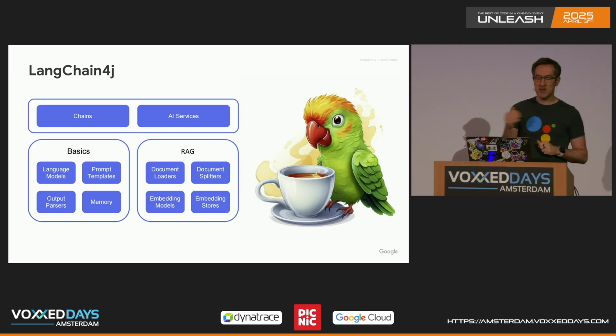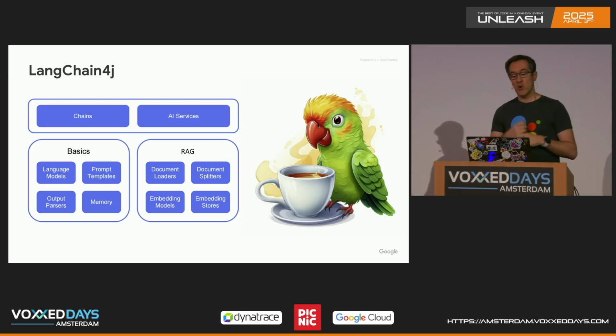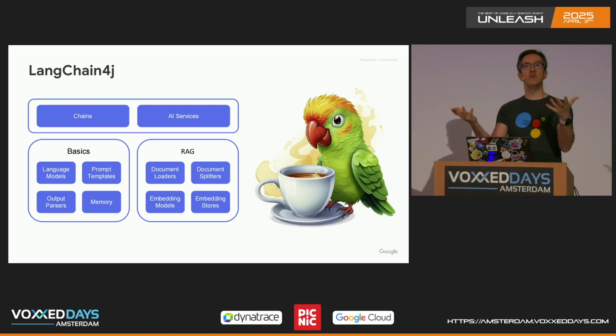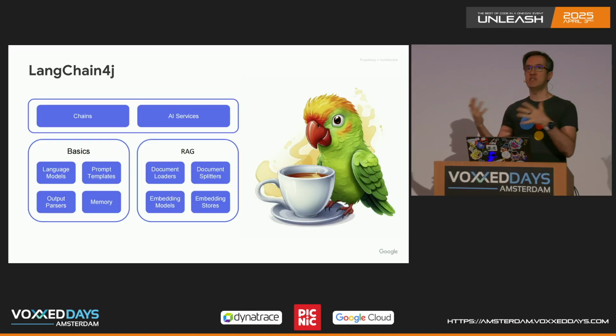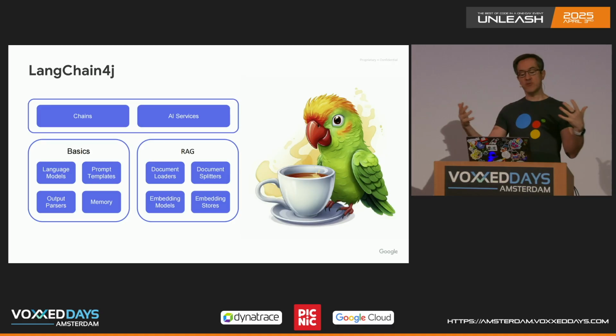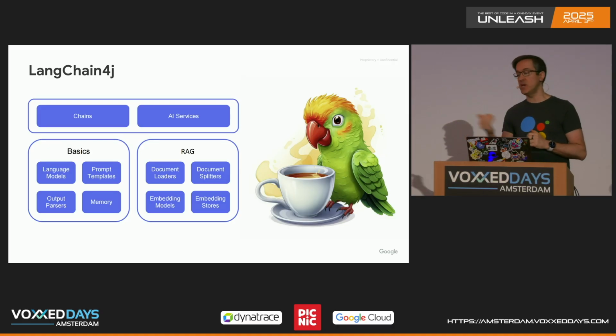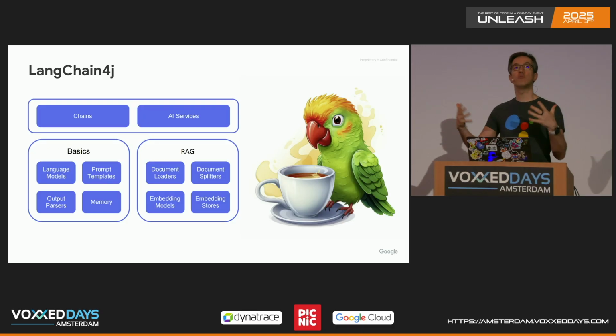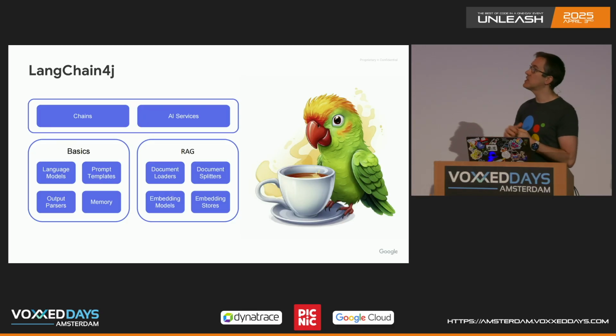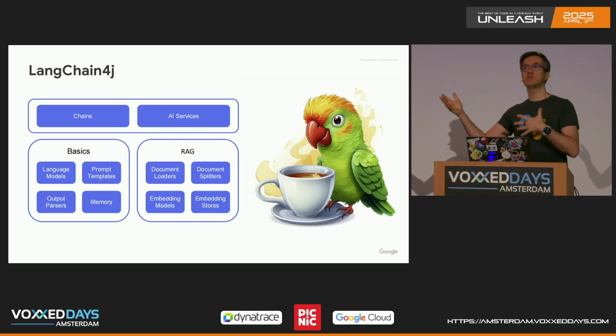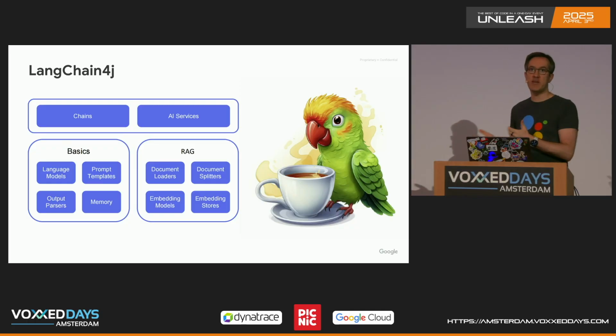LangChain4j comes with various useful components. If you use a model like Gemini, you've got a Java SDK that you can use. But if you use a framework which is a higher level abstraction like LangChain4j, you get access to a lot more interesting components, like special components to access vector databases or databases with vector support.